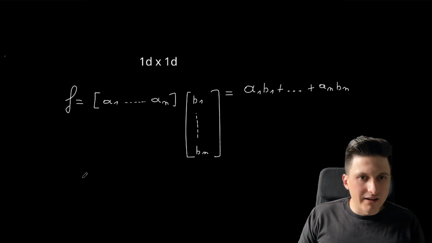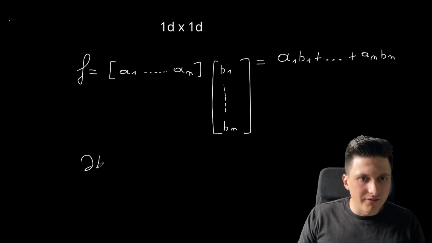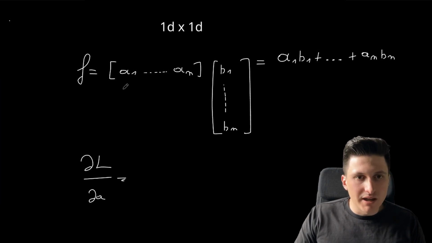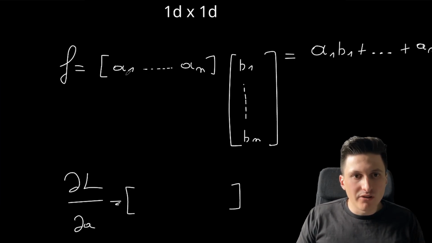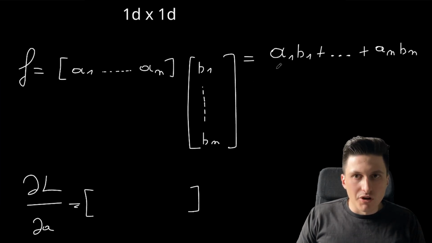But what then is the derivative of L with respect to A? This will once again be a tensor of the same shape as A. And what we now need to do is for each element of this tensor, check how much this influences the output.